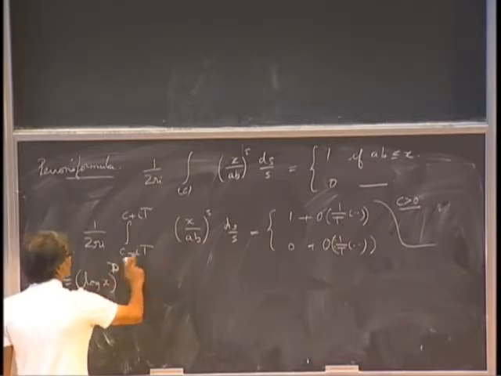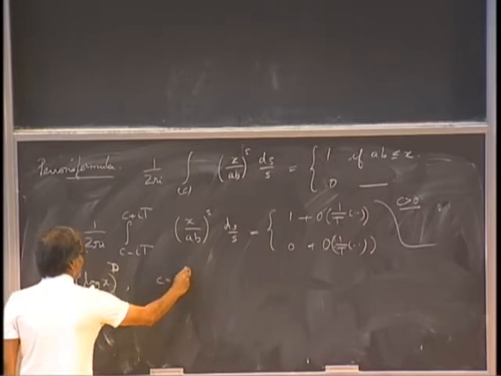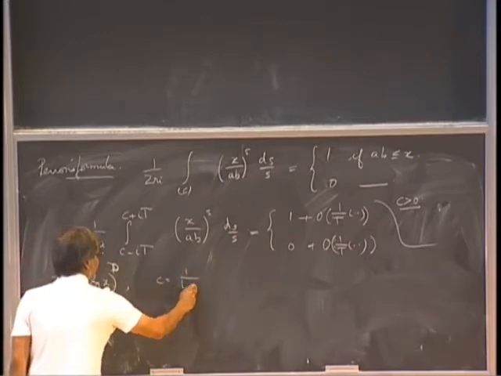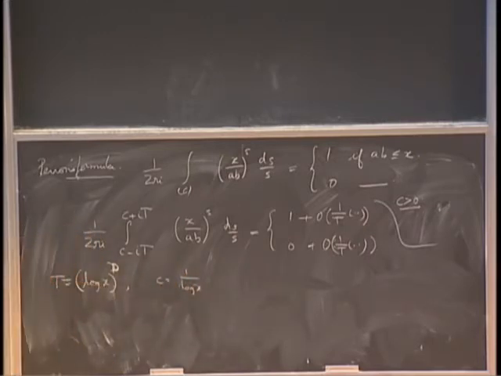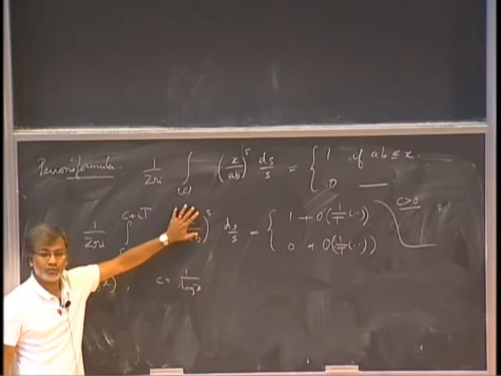And then this c, we will choose fairly close to 0. c might just be something like 1 over log x, let's say. So positive, but very, very close to 0, so that the size of this object, even if a and b are small, is only of size 1.